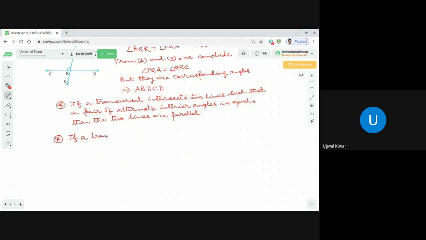If a transversal intersects two parallel lines, I'm writing slowly. You can also write along with me.